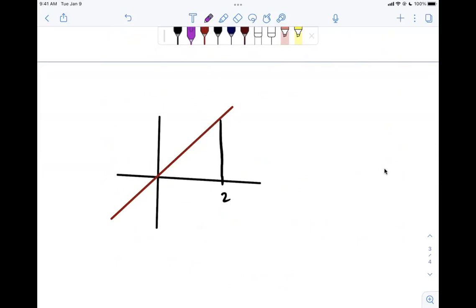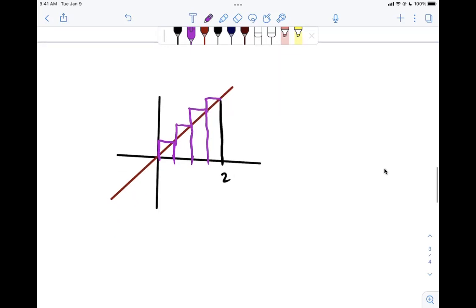And so again, we're going to split this into 4 parts. But now the heights of our rectangles are going to be on the right side. All right, and then the widths are still going to be 1/2 each.